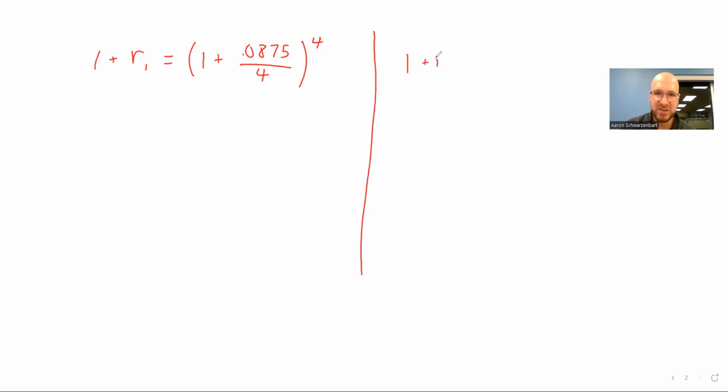So looking at R1 is going to be my APY for my 8.75, .0875 compounded quarterly. And then over here on the right, I'm going to do R2, which is going to be my 8.7 compounded monthly.